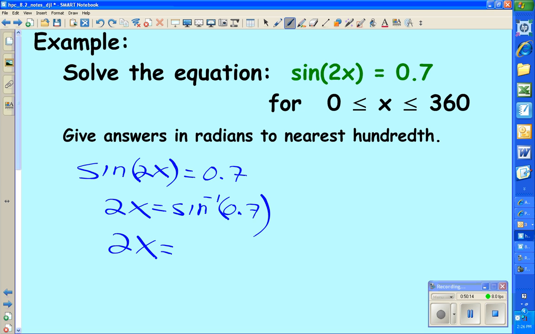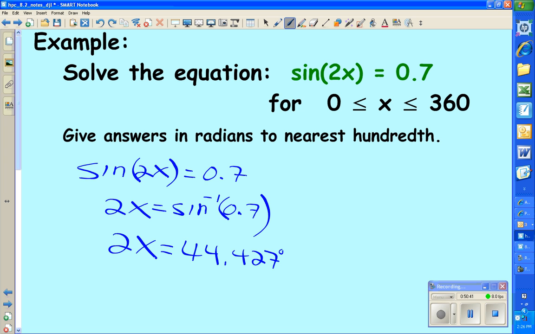I have a very hard time believing that your calculator gave that answer. To the nearest 3 decimals. 44.427? Is that what you said? Oh, I heard 400. Oh, that's a 44. Okay, yeah, 44.427, that's good.